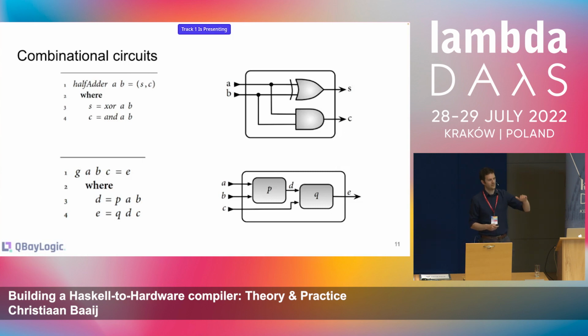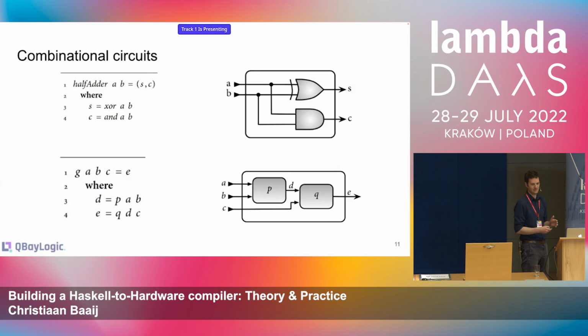And so then when we go down, what we see here is a more general case. We have a function g with 3 inputs and 1 output e. And in the where clause, we have 2 sub-expressions, and we have 2 functions p and q.